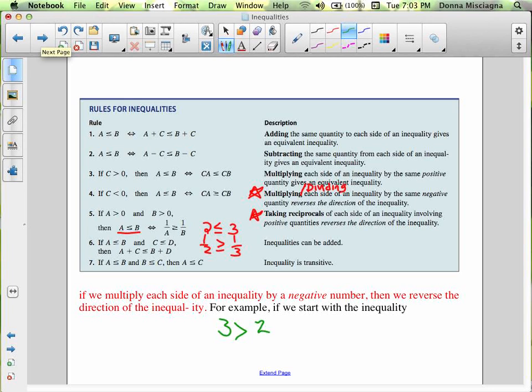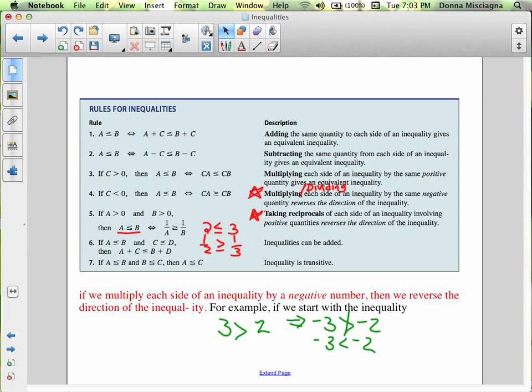Let's just stick with 3 and 2. 3 is greater than 2. But if I multiply by negative 1, negative 3 is not greater than negative 2. That's not a true statement. But if we flip the inequality, then it is. So if you are multiplying or dividing by a negative number, remember to reverse the direction of the inequality. Otherwise, you'll have an untrue statement.